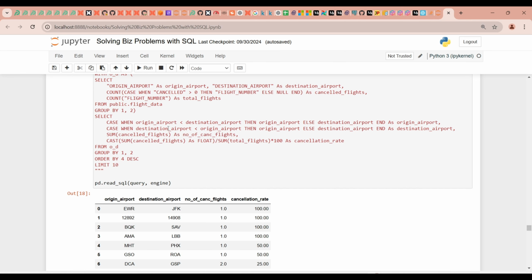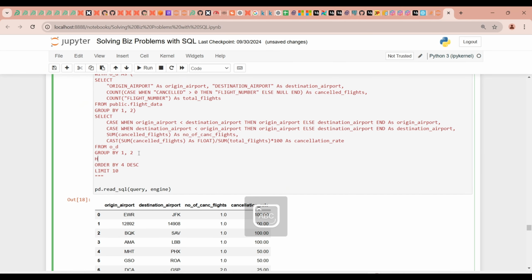Okay, we will now filter, say having the sum of the total flights. In this place we have not even aggregated the stuff yet, so the average will be biased.